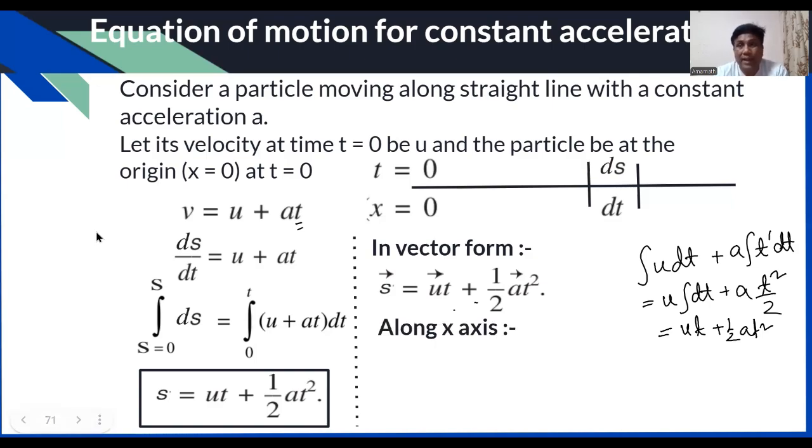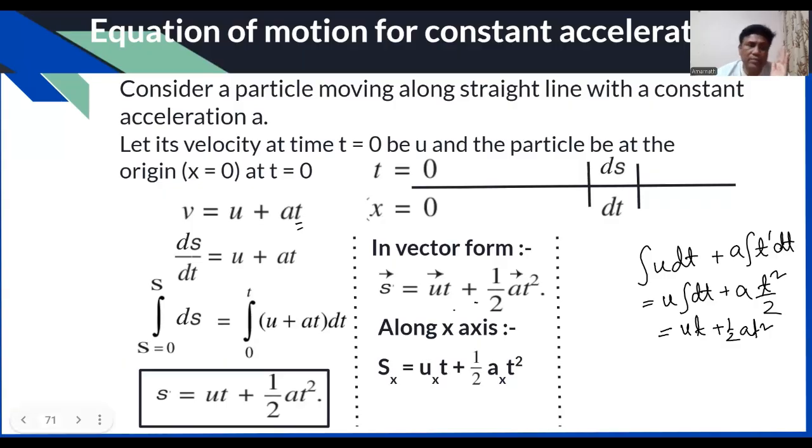If I write along the x-axis, it means sx, displacement along the x-axis, equals ux t. If we talk about the displacement along x, the velocity along y has no relation with it, they are independent. Sx equals uxt plus half axt square.